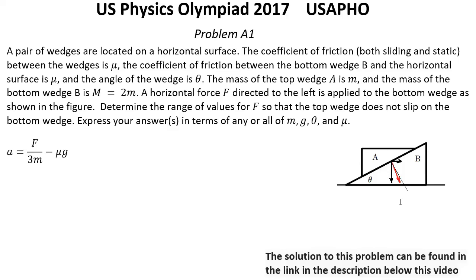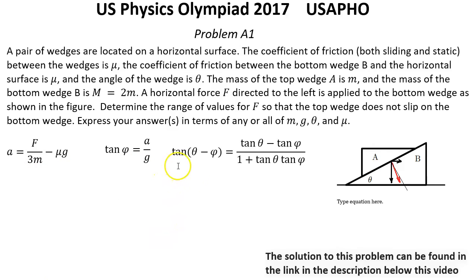And now we see that the effective angle will be theta minus this angle between the red arrow and the vertical. And we have this expression for this angle: tangent phi equals a over g. And now we can find the tangent of this effective angle, which is theta minus phi.